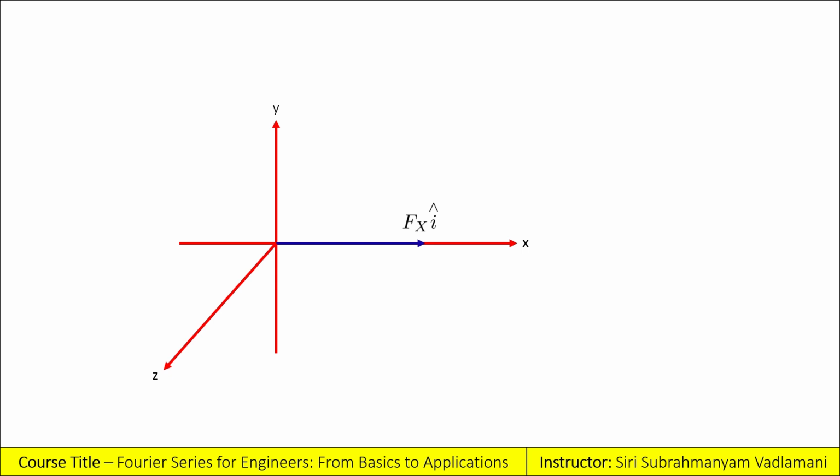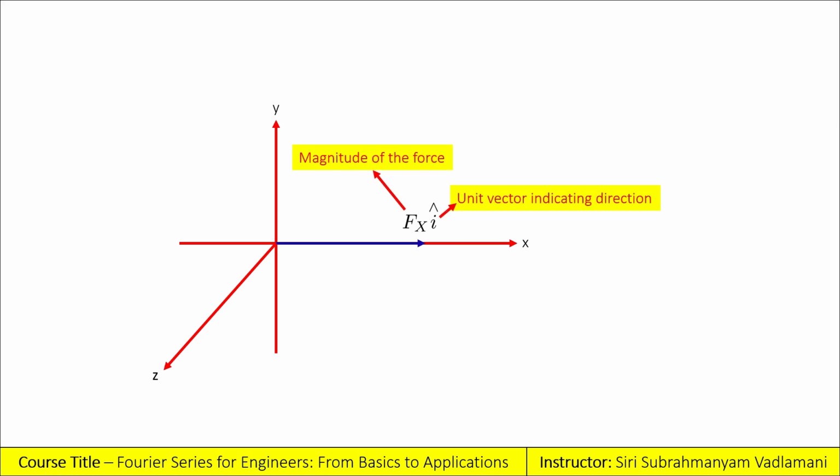Mathematically, a force of magnitude Fx acting along the direction of the x-axis is represented as Fx i hat or Fx i caret, where i hat or i caret is the unit vector in the x direction.